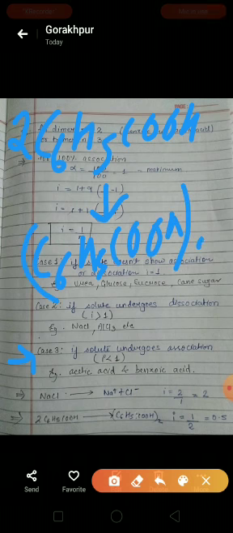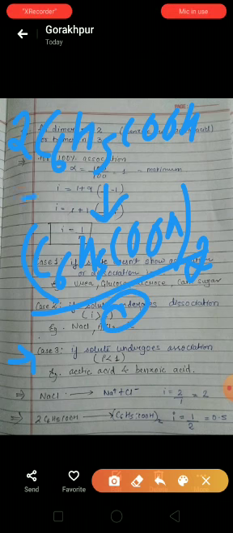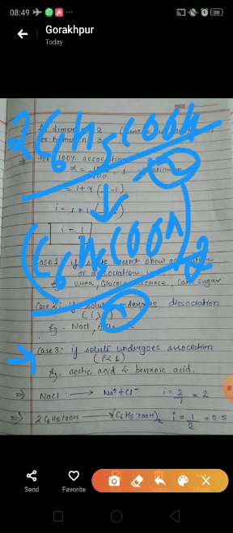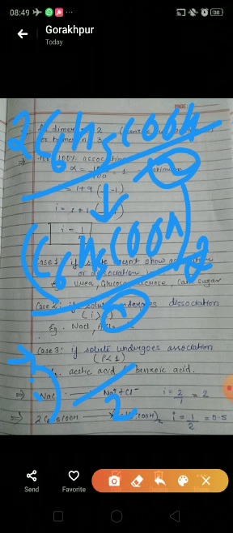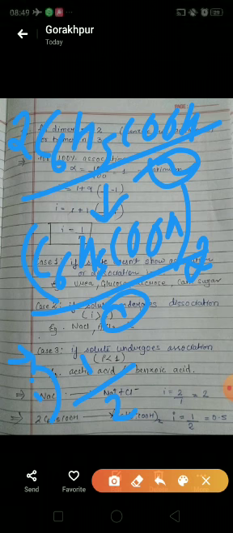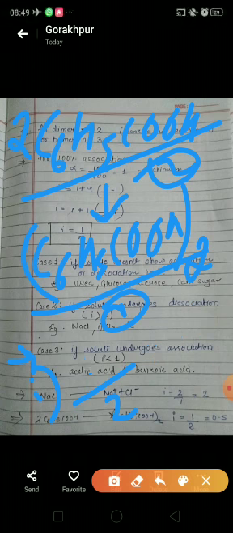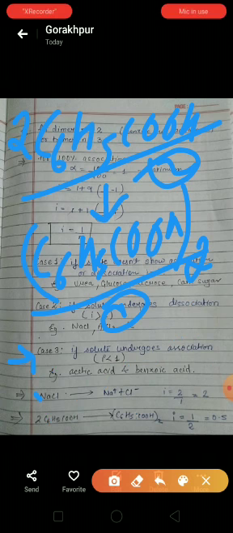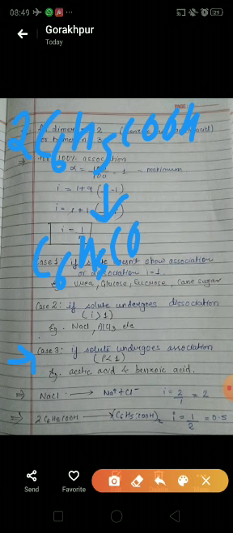Here this is one particle and here it is two particles. So i is equal to, calculated one is 2, and what we are observing is that it forms a dimer, it becomes 1. So here the value is 0.5, that is Van 't Hoff factor is smaller than 1.